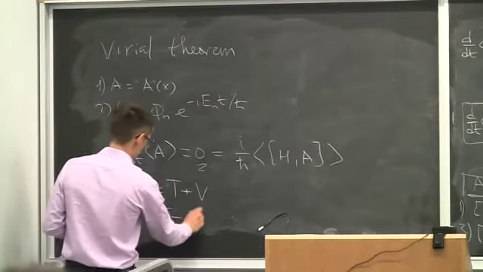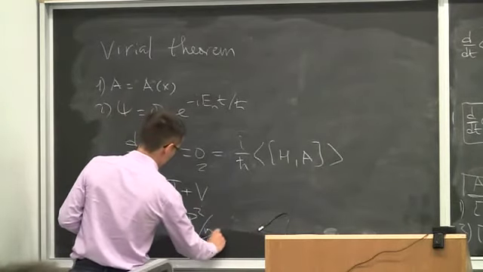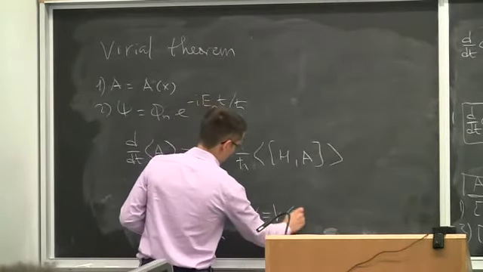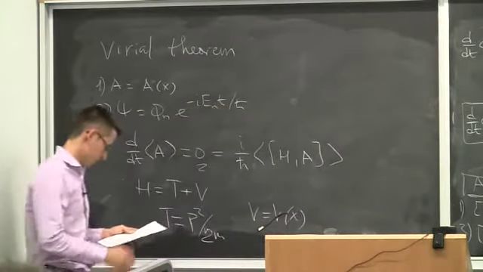Then we can have H written as T plus V, where T is p squared divided by 2m, and V is some function of x.